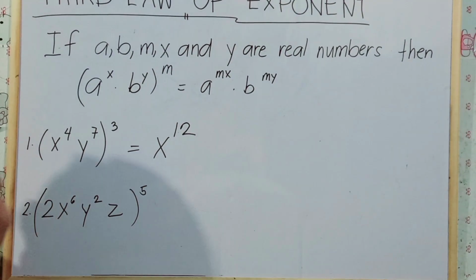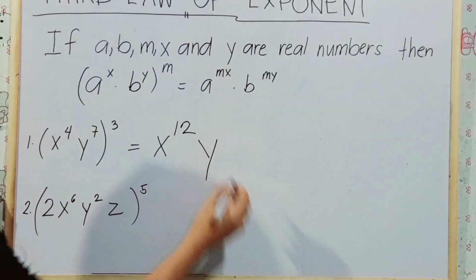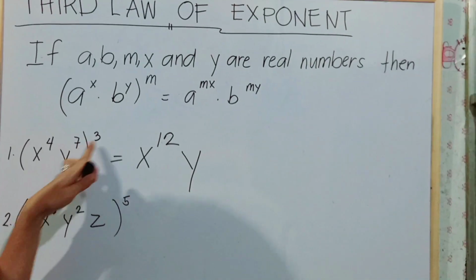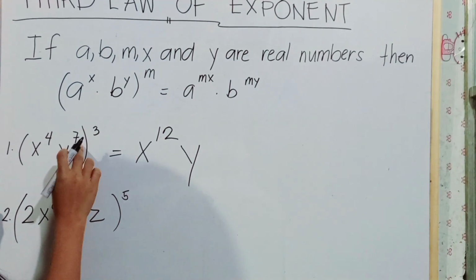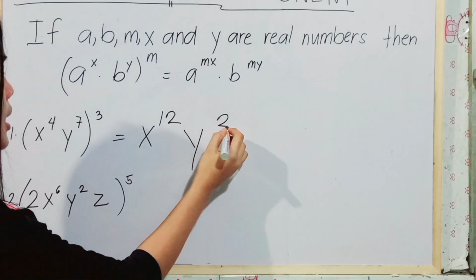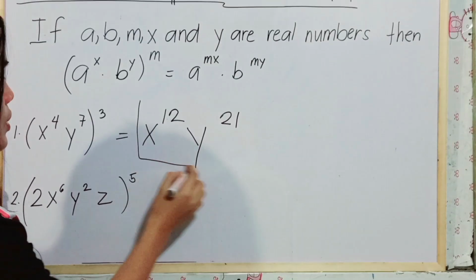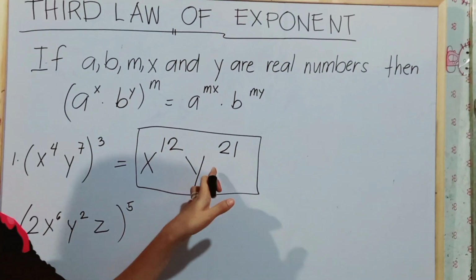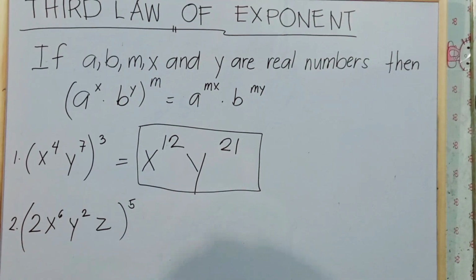Okay, and then copy y, and then multiply 7 times 3. 7 times 3 is 21. So our final answer is x raised to the power of 12 and y raised to the power of 21.